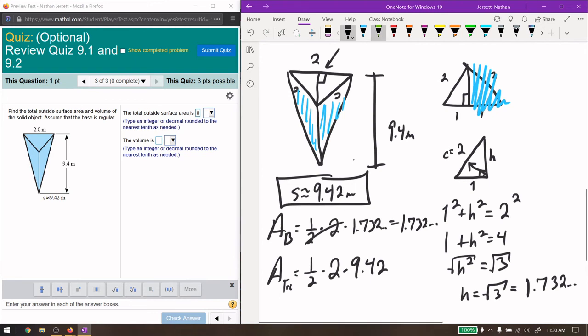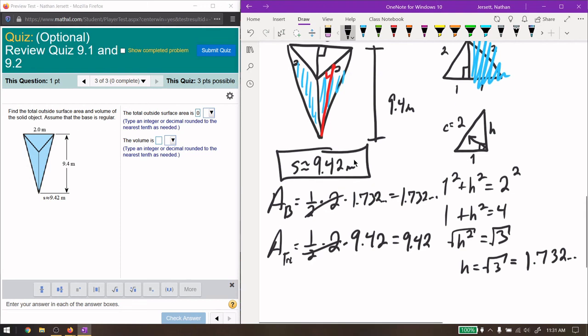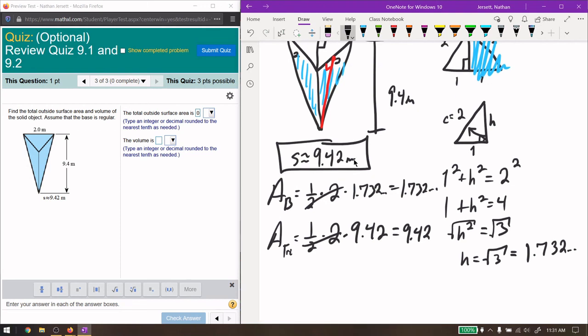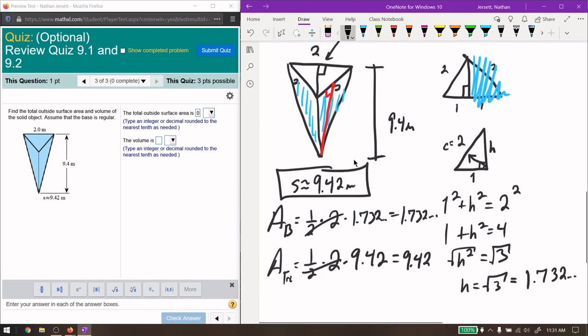The slant height, if you don't recall, is just this distance here, and it makes a right angle with those sides, and it's always the same for all of them. Okay, those cancel again. That gives us just 9.42, which is unique for this problem, but you just multiply it out on your calculator to find that.